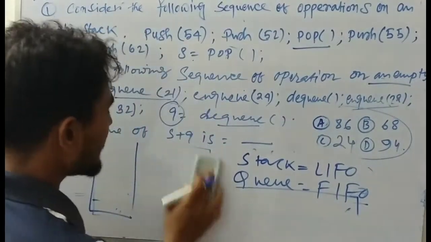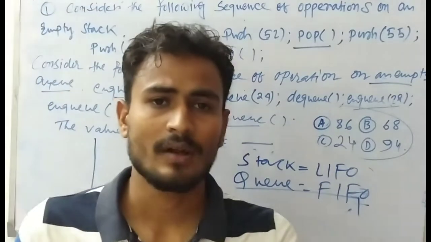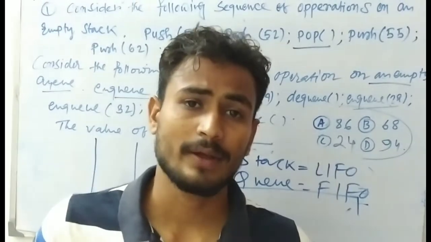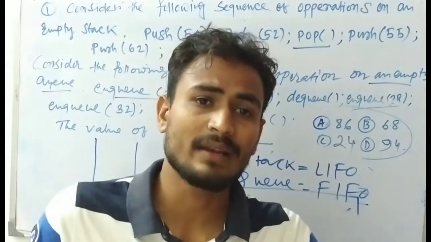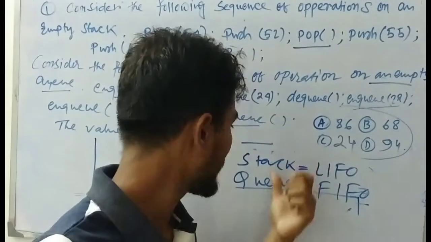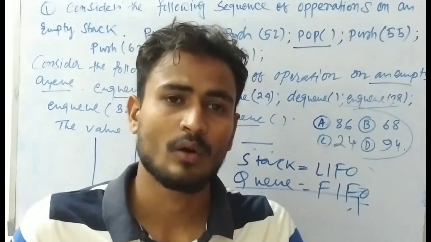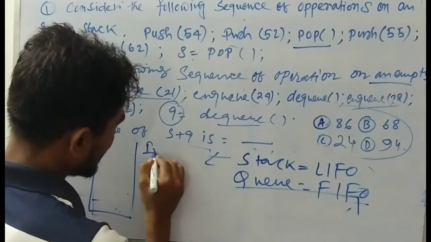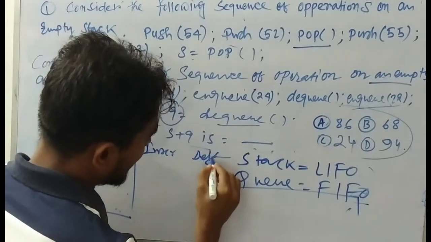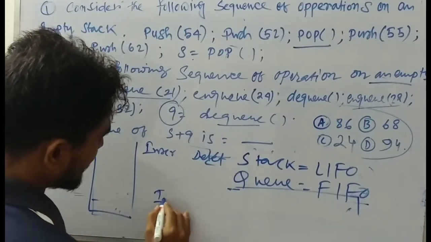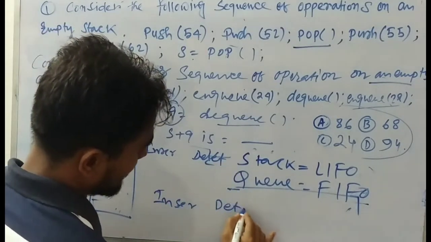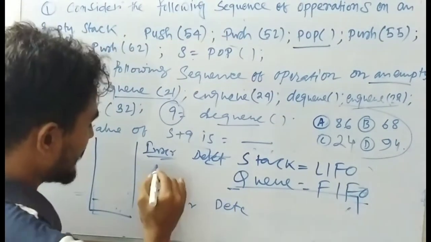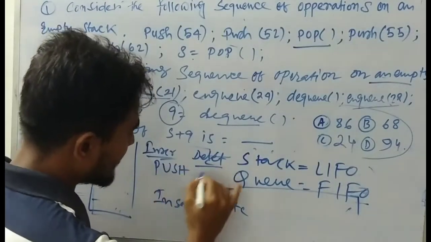One important point: push and pop are the insertion and deletion operations. Insertion and deletion exist in both structures but with different names. In a stack we insert and delete elements, and in a queue we also insert and delete elements. For a stack, we define insertion as push and deletion as pop.